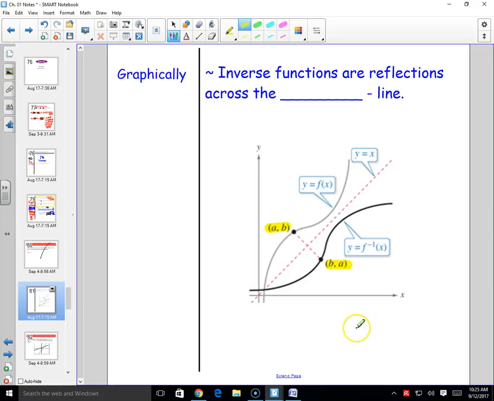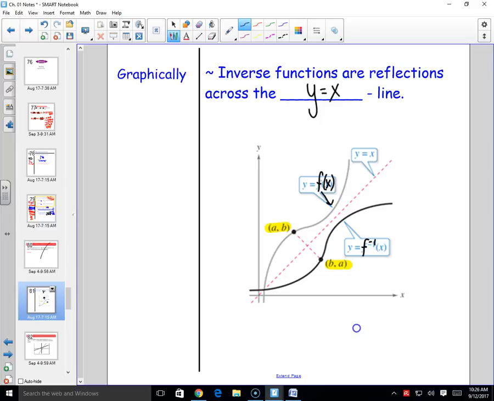And graphically, what ends up happening is that you have a reflection, but not across the x, not across the y. What line is in between these two, guys? The identity function, y equals x. You can't see the functions because they're too light. This is my f of x function.